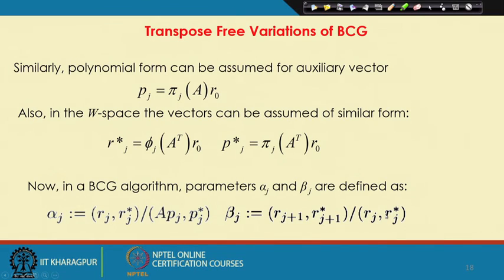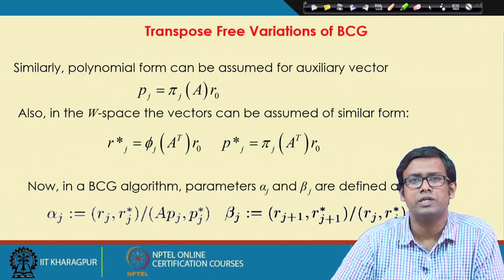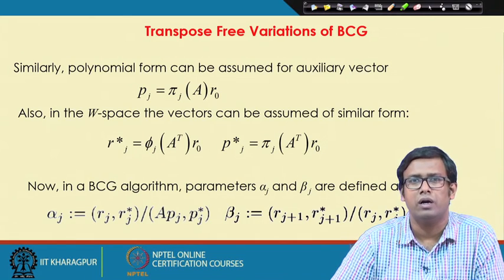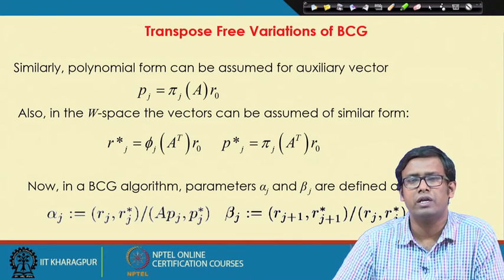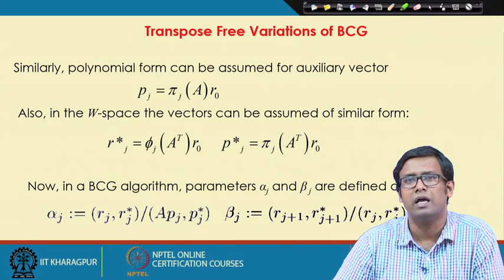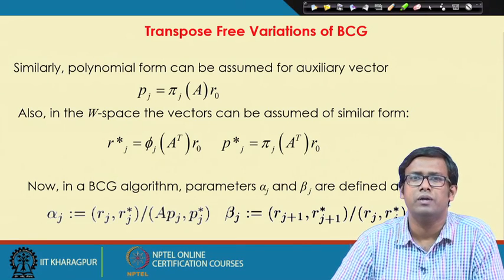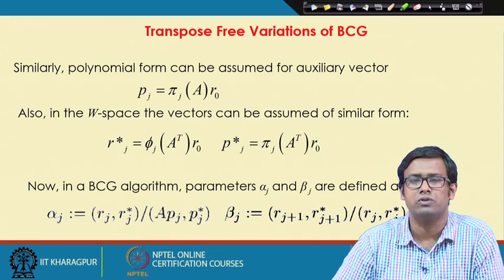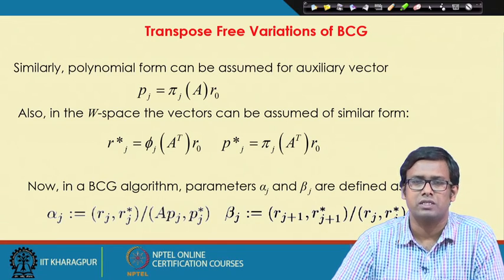And what we will do is that we will try to replace these by the polynomial expressions of the residual and the auxiliary vectors, and we will see if in some way we can eliminate some of the matrix vector multiplications, mostly the matrix transpose vector multiplication, through this. We will see it in the next class. Thank you.